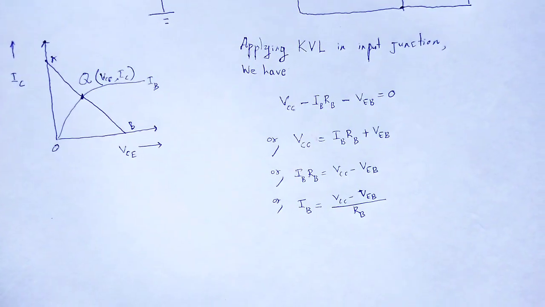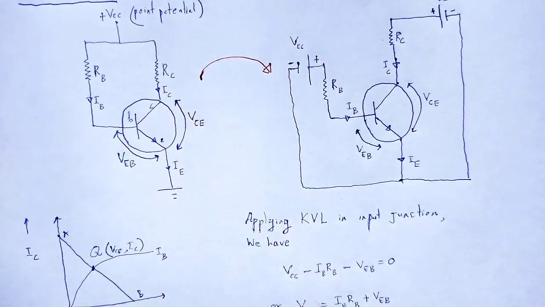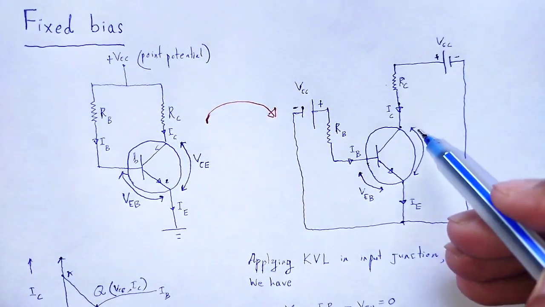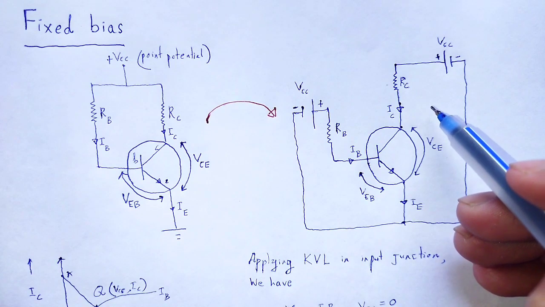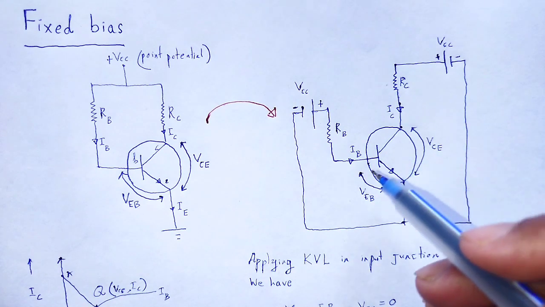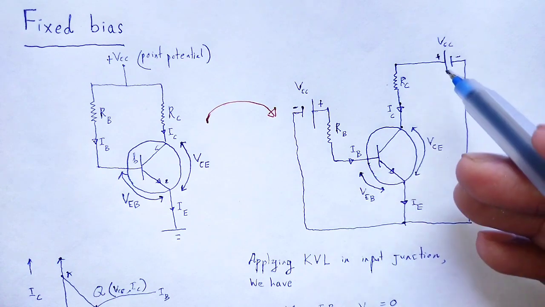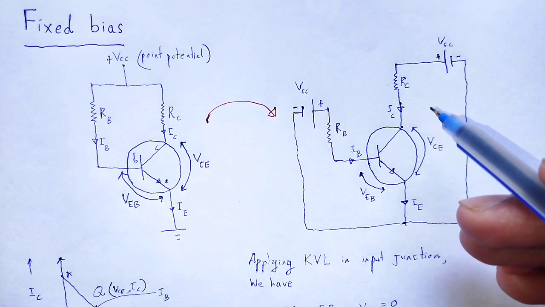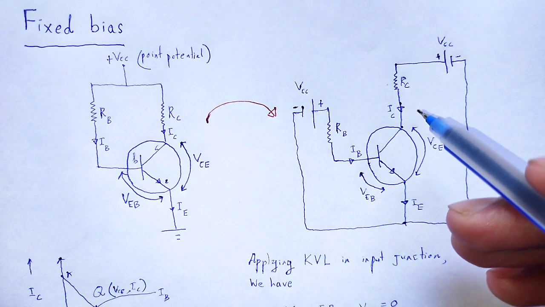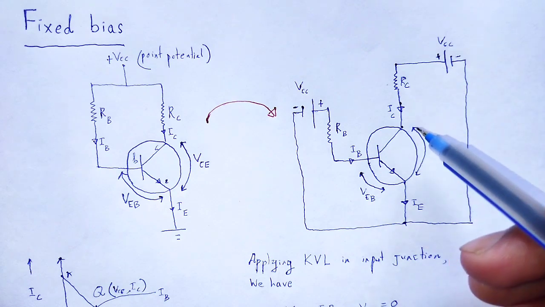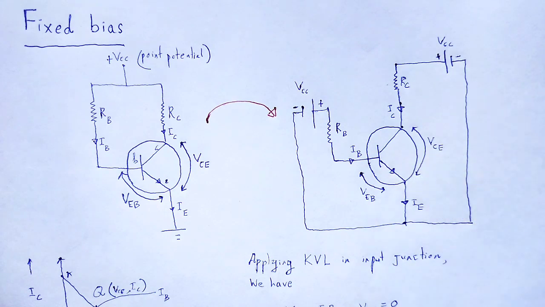Look here, the potential of the output junction is more in comparison to that of the input junction, and that difference is too huge. That's why we neglect the lower potential.